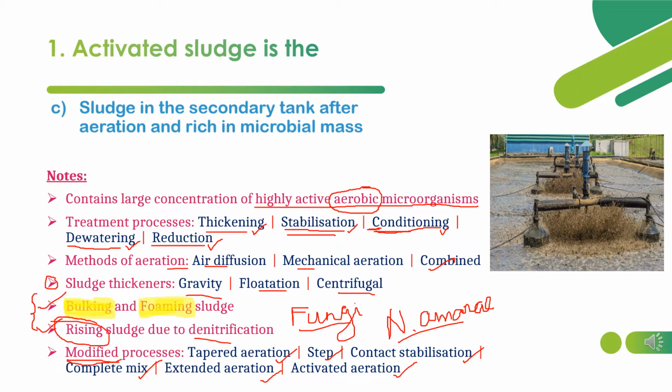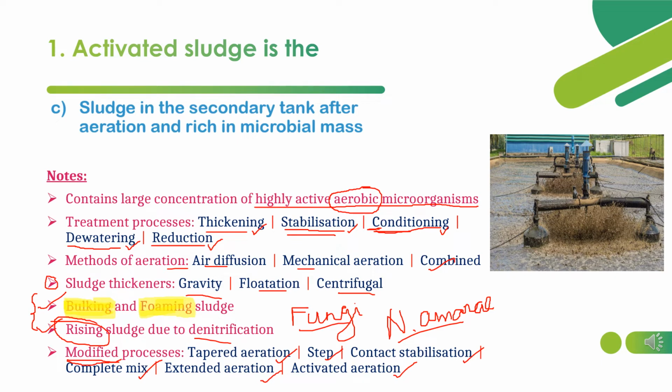Contact stabilization, which we can also call the bioabsorption process, is used in medium plants. And the complete mix process is used in very small plants, smaller in size. And the modified aeration processes are also used in large plants. And other things are extended aeration and activated aeration processes. So these are some of the modified processes.